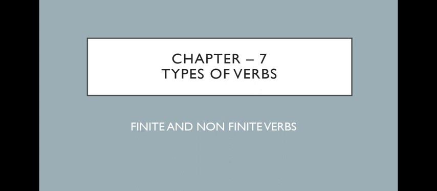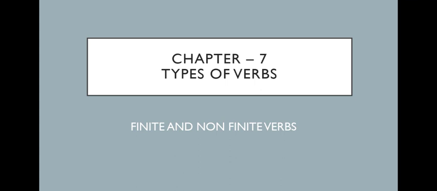Today we will learn a new grammar lesson from chapter 7, types of verbs, which you will find on page number 49 in your textbook.